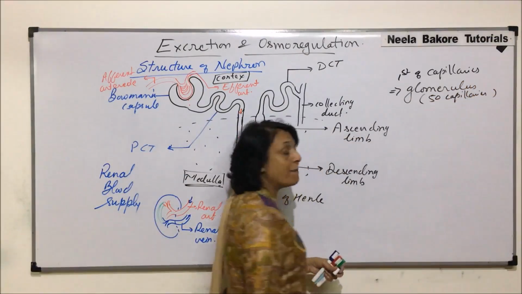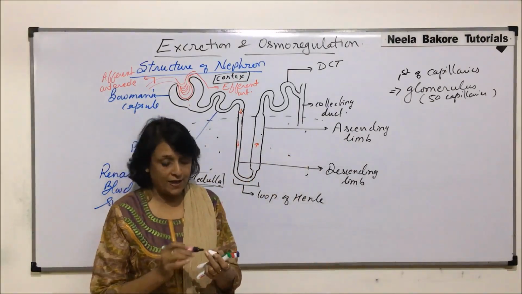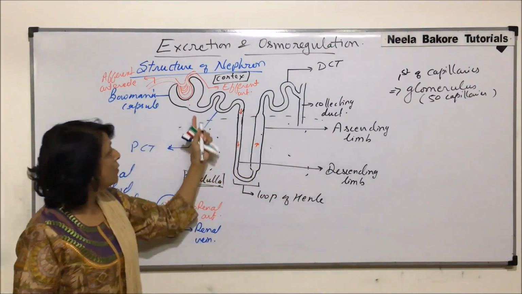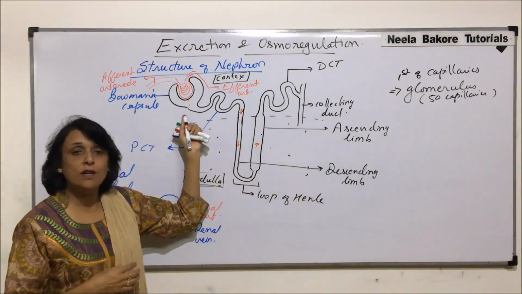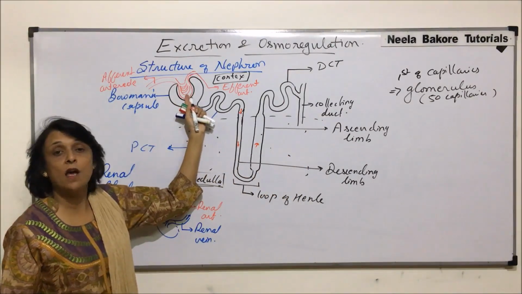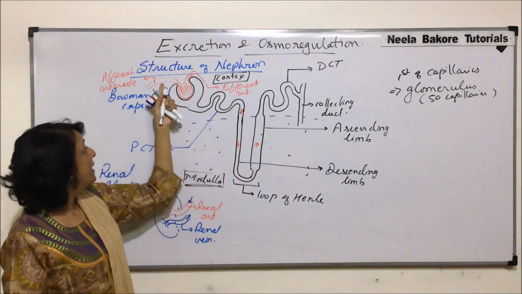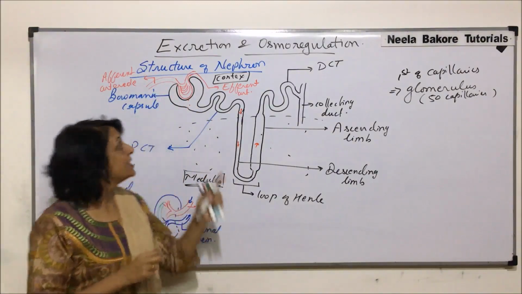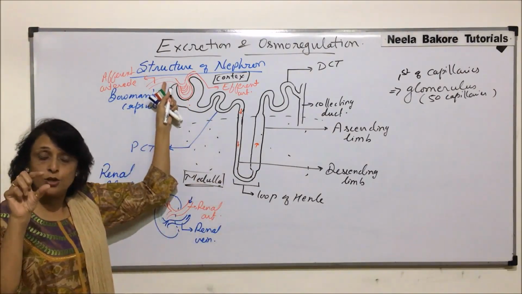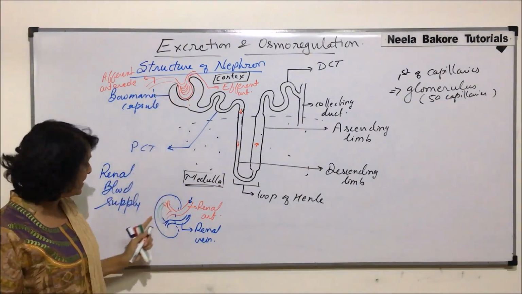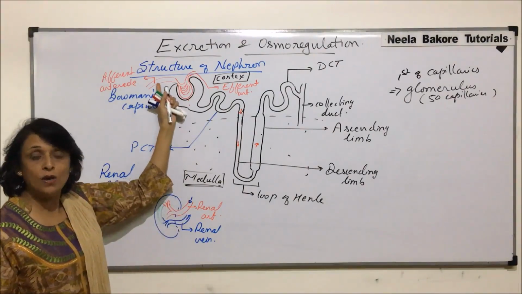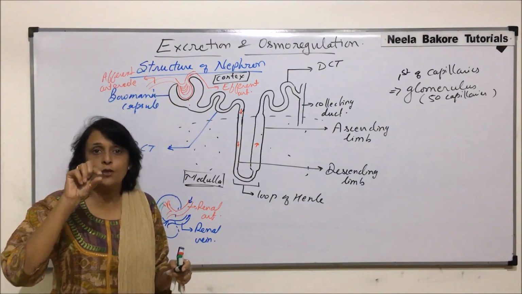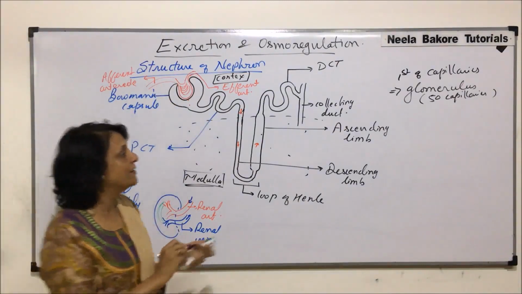This first set of capillaries works at a higher pressure. We have talked about this earlier also, why the pressure in this network is more. The reason is the blood which is coming in through a wider tube, that is the afferent arteriole, suddenly gets into thinner tubes, so the pressure increases.